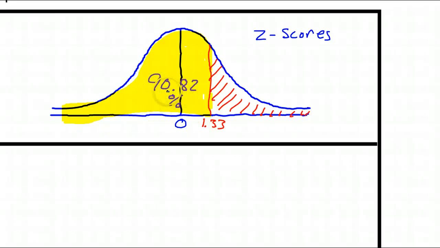So if you have the left from the chart and you really want the right, what would you do? Well, if you're dealing with percentages, you would subtract from 100, right? Because you know the entire graph here is 100%. So 100% minus 90.82%, which we got off the chart and which had to be the left side, if you wanted the right side, 100 minus 90.82, oh look, that's 9.18%.